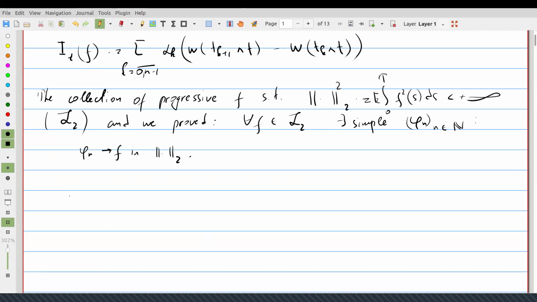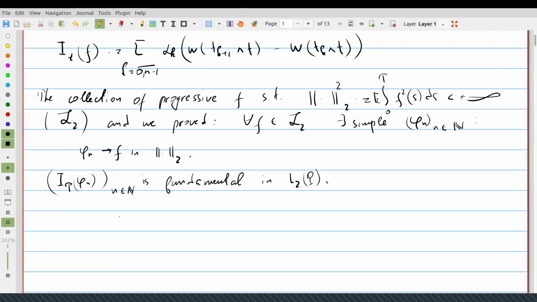And then we said that, moreover, this sequence of stochastic integrals is fundamental in L2 of omega, in square mean.